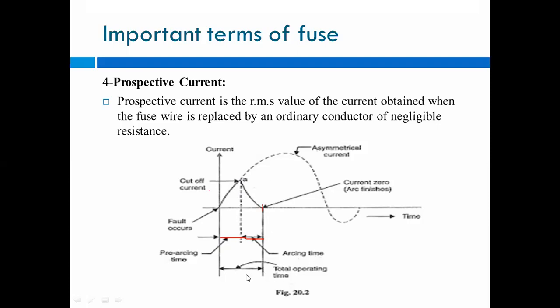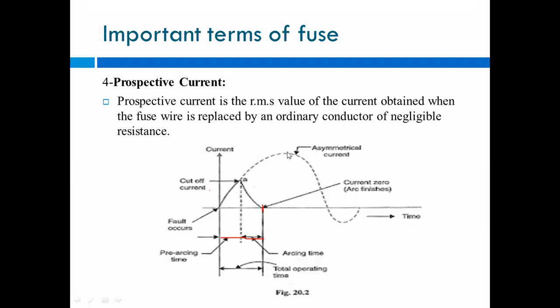When a fault occurs, the current flows through the circuit and starts melting that element, then the arc is produced, and then the arc is extinguished. That is the total time, divided into pre-arcing time and arcing time.